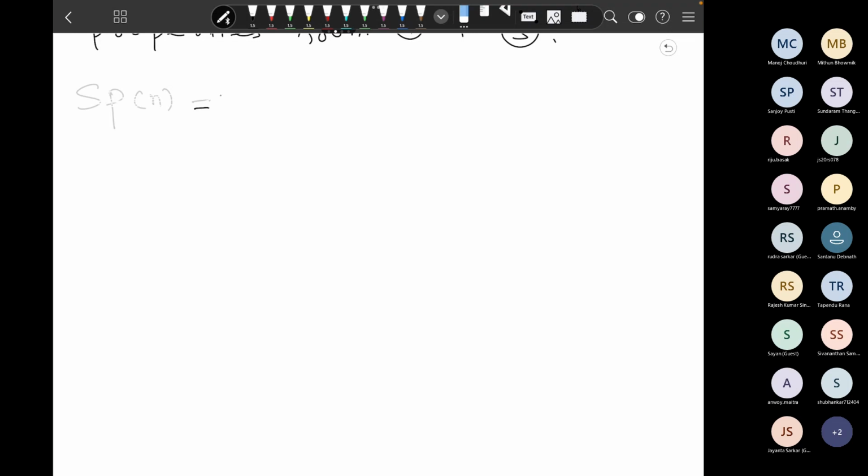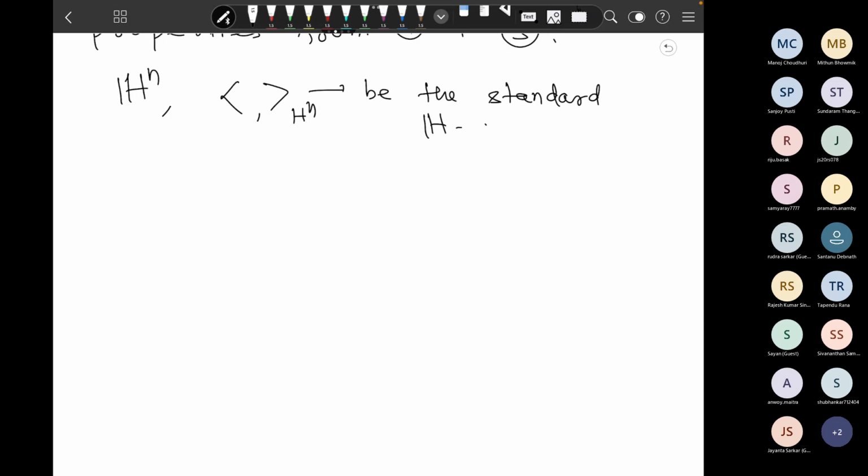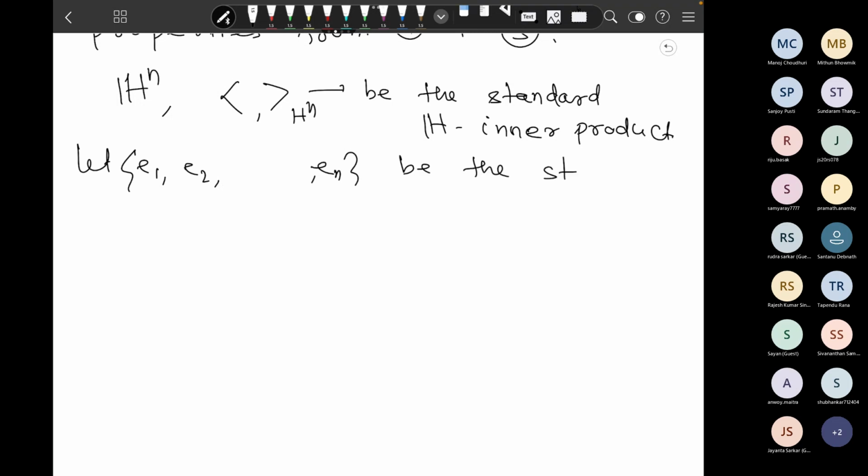You take this H^n, and let this be the standard H inner product. Let e1, e2, ..., en be the standard orthonormal basis of H^n.